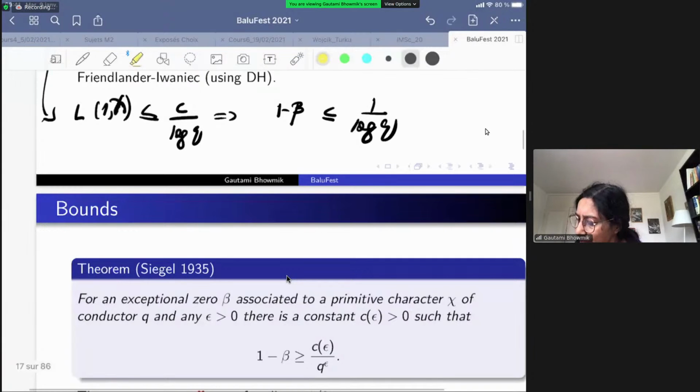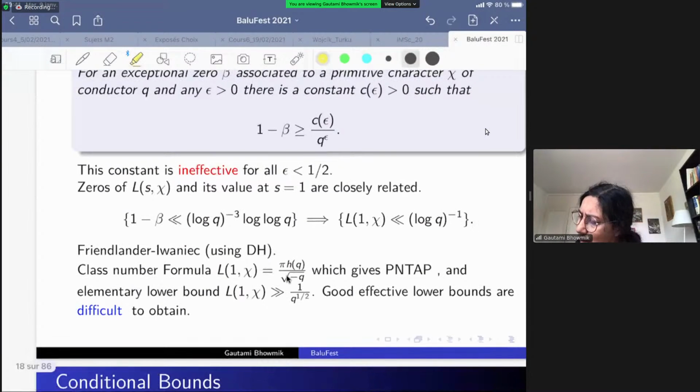So there are other applications of this L(1, chi). One example that probably everybody has seen is that if you have the class number formula, L(1, chi) equal to pi h over square root of minus Q, then you get the prime number theorem in arithmetic progressions, and you get an elementary lower bound, L(1, chi) bounded below by 1 by Q to the power half.